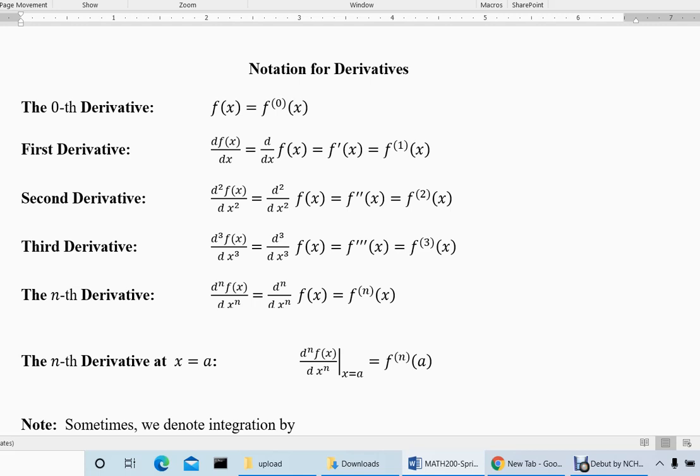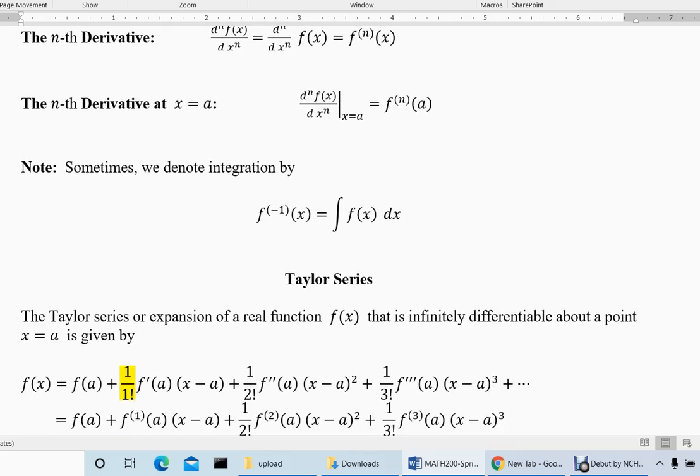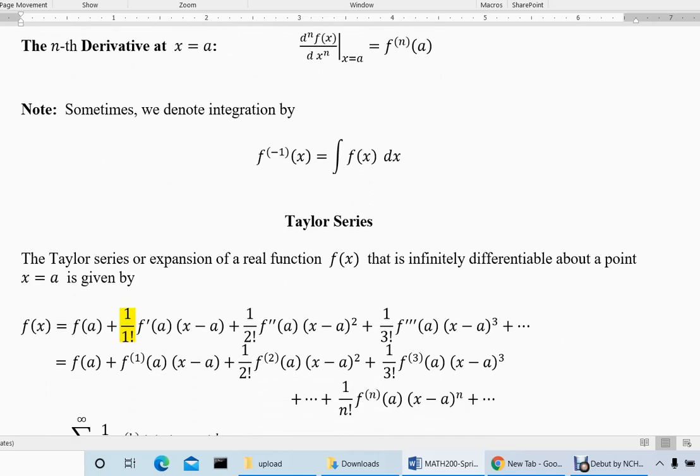We cannot use the prime notation because counting primes for big numbers becomes difficult. 1, 2, 3 or 4 is okay, but for big numbers it's better to write a number in brackets. The third derivative will be f bracket 3. The nth derivative will be f bracket n. If you want the nth derivative at x equal to a, you will write f bracket n at x equal to a. Sometimes we will write minus 1 for integration, but today we do not need it.